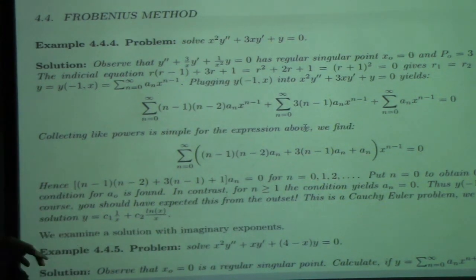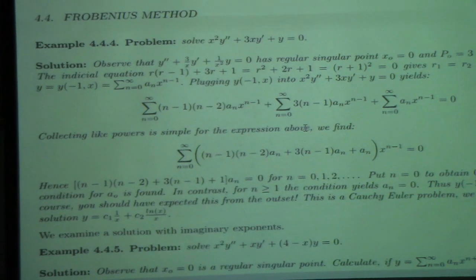So for n equals 0, I get 0 times a sub 0, which tells me there's no restriction on a sub 0. So a sub 0 is free. In contrast, if you put n greater than or equal to 1, this gives you a non-zero number times a sub n is 0, which forces a sub n to be 0 for n greater than or equal to 1.